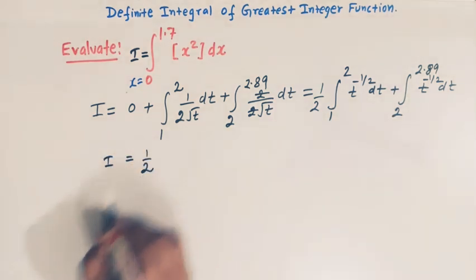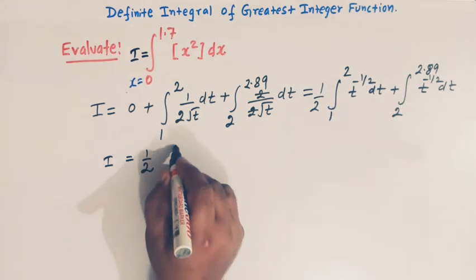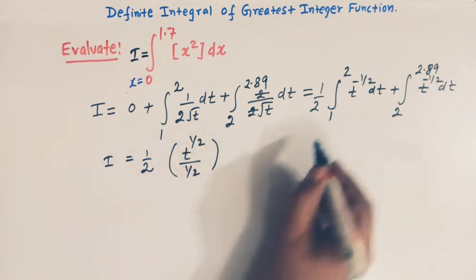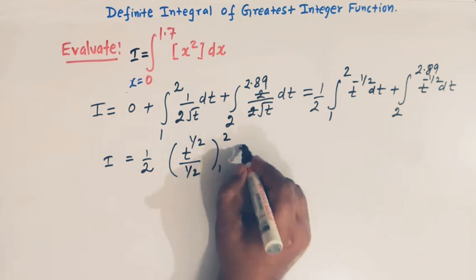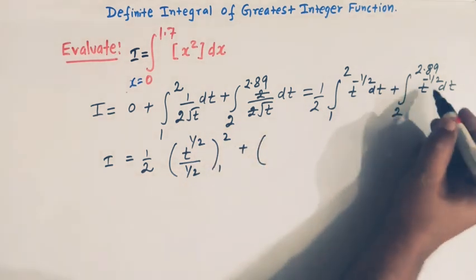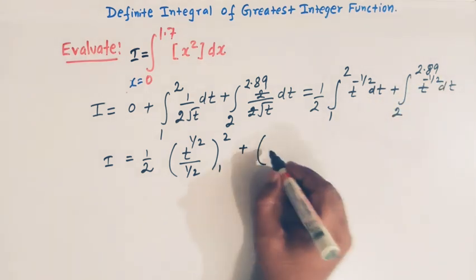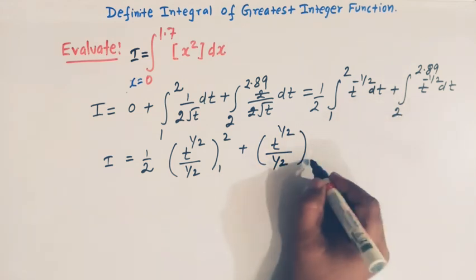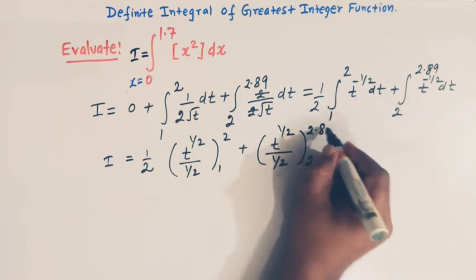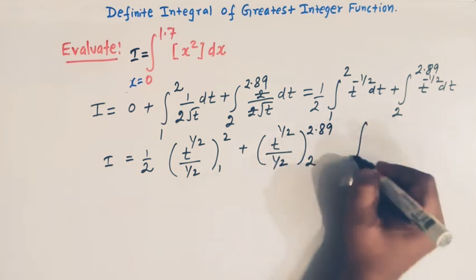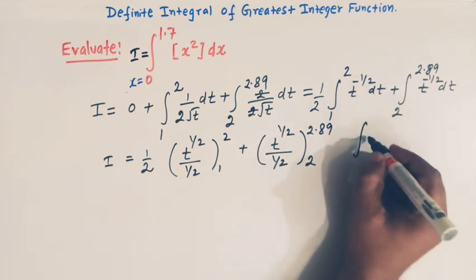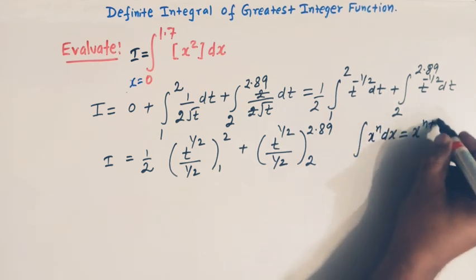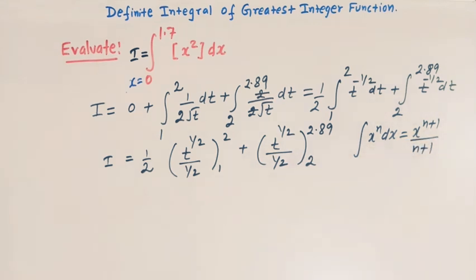So here we have half, and the integral of t raised to minus half is t raised to half over half, and the limits are from 1 to 2, and here also the integral of t raised to minus half is t raised to half over half, and the limits are from 2 to 2.89, right? So here we have used the result that integral of x raised to n dx is equal to x raised to n plus 1 over n plus 1, right?